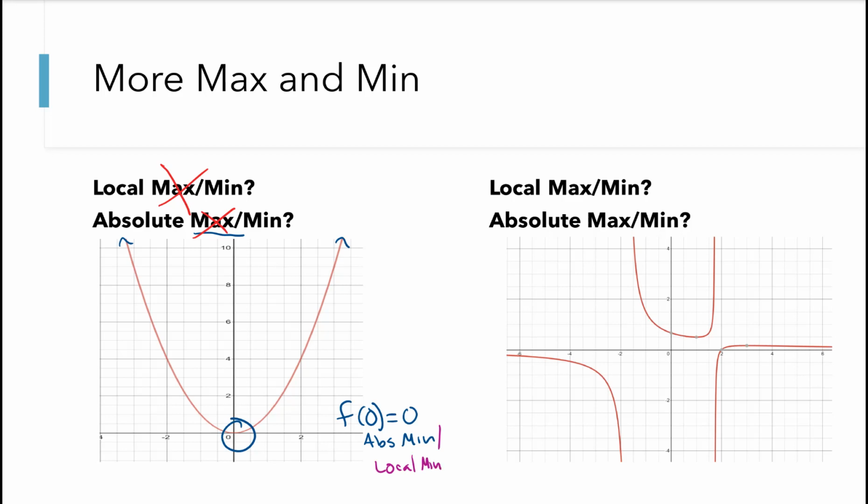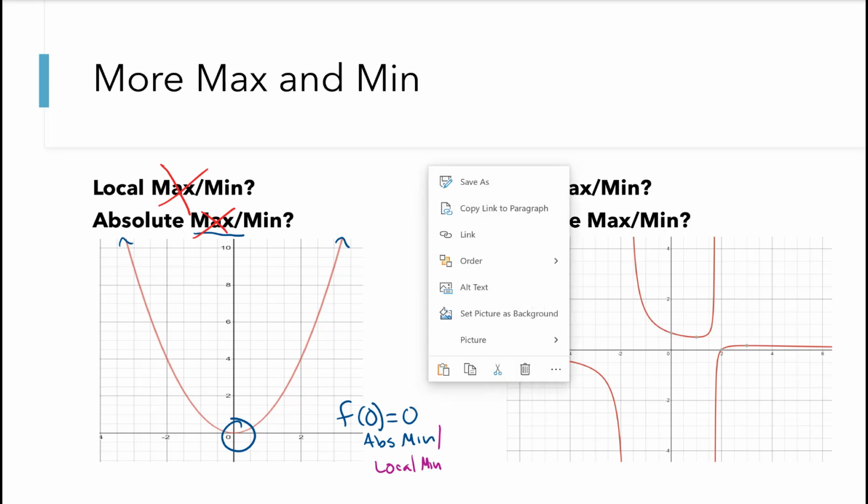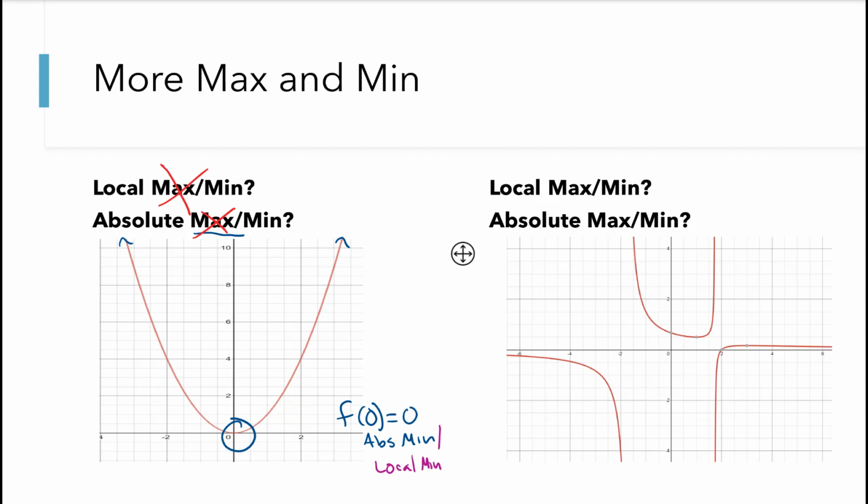Cool. So we handled the one on the left, our y equals x squared. And now we move to the one on the right. We take a look at the one on the right, and let's start again with our absolute max. Once again, we're not going to have an absolute max, because this is going to take off and go up to infinity.